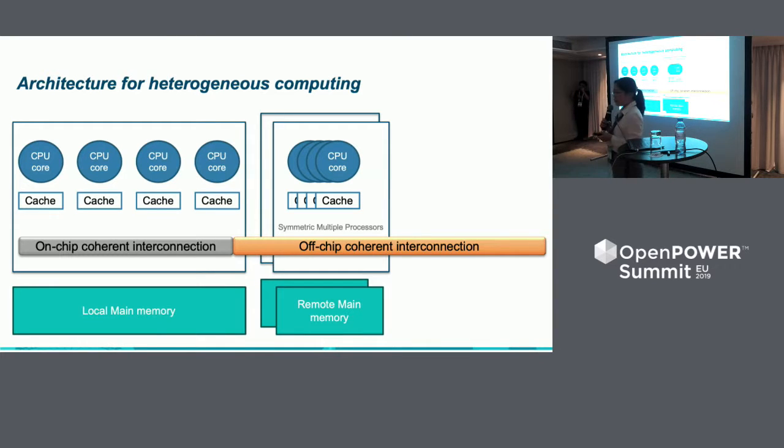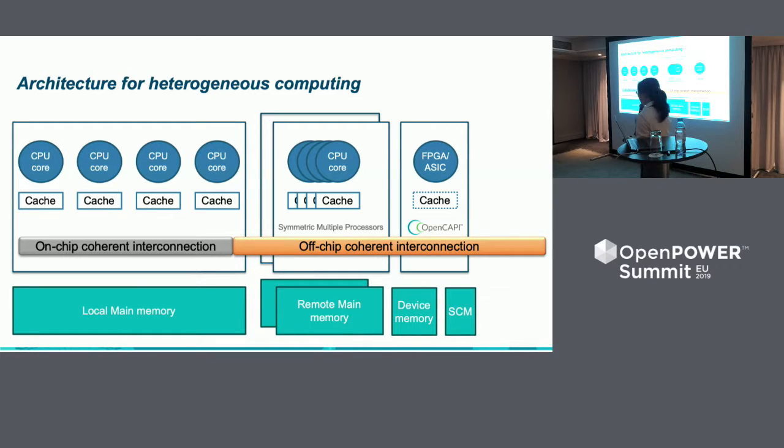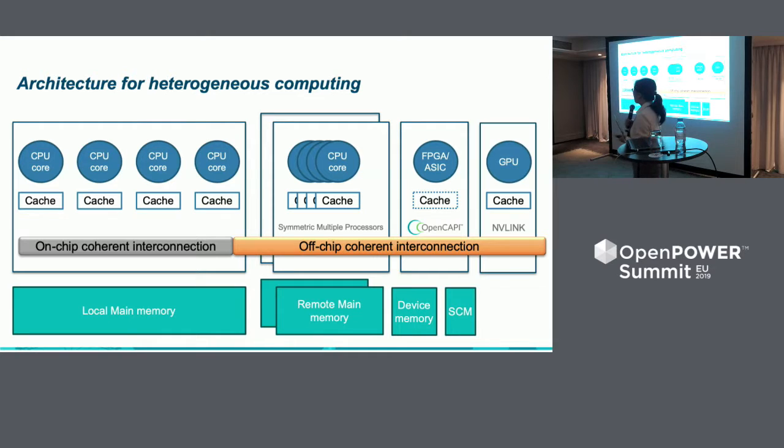Those other processors also have their own memory subsystem. And we have FPGA or ASIC chips that use the OpenCAPI interface, and they can have their own device memory and a hybrid or storage class memory. And we also have NVLink to connect the GPU and the GPU memory.